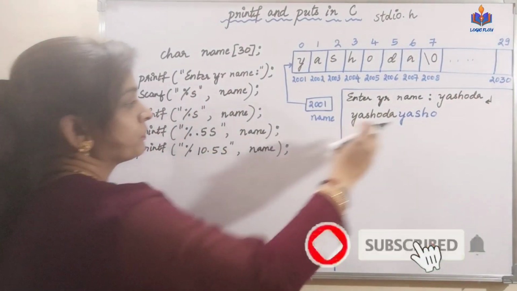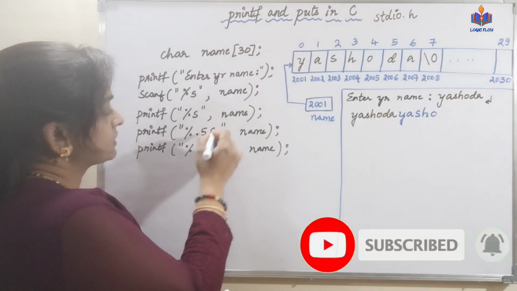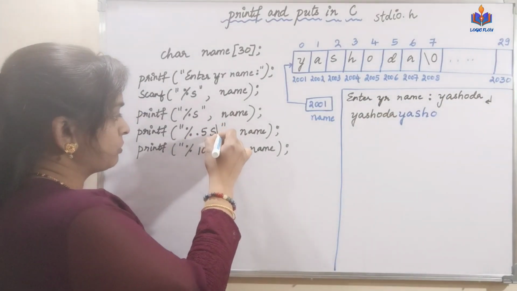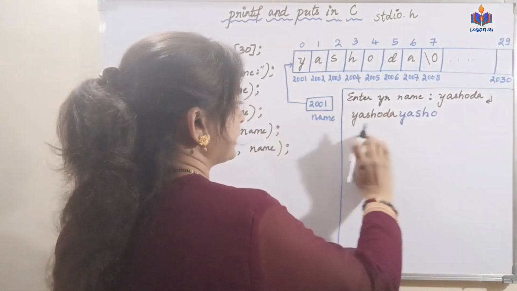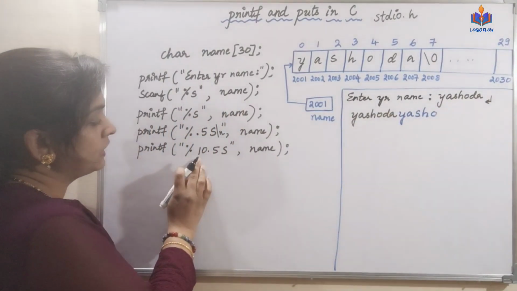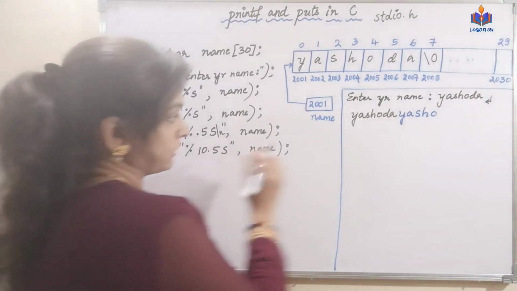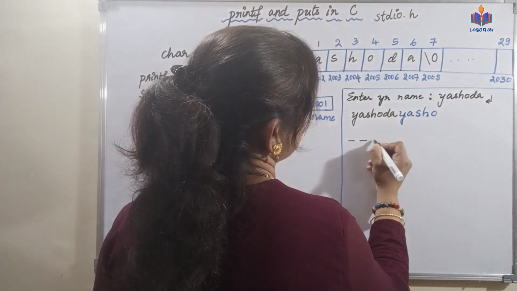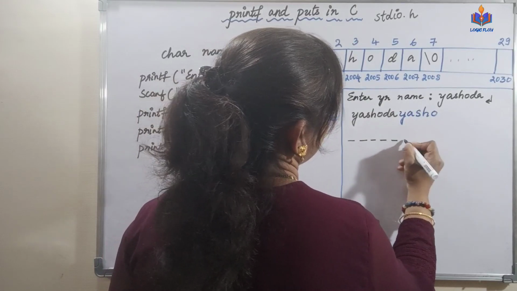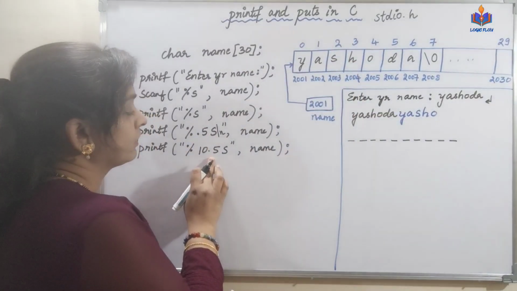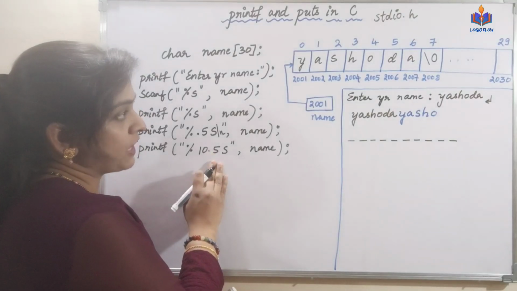So what I'll do, after printing this .5s, let me have a new line. So the cursor will go to the next line. So I'm going to fill 10 width, 10 space width. So it is 1, 2, 3, 4, 5, 6, 7, 8, 9, 10. Then print the first 5 characters.